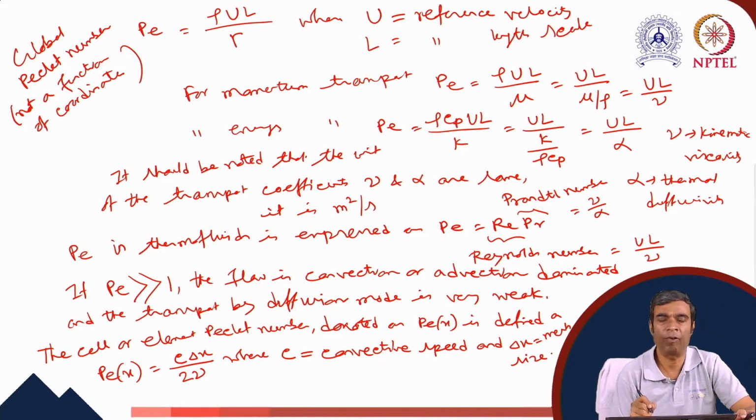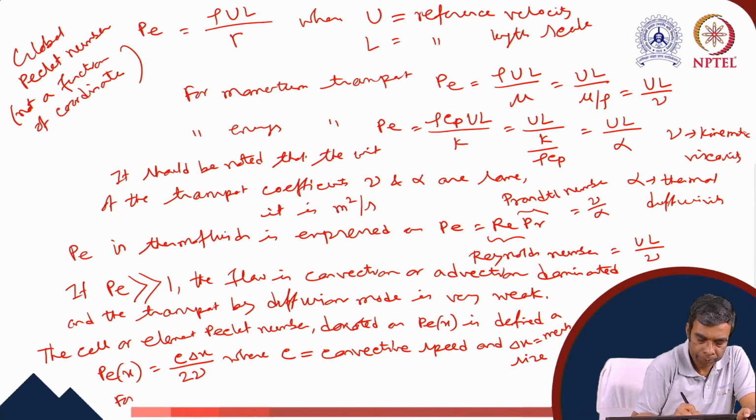In context of finite difference or finite volume methods, the cell Peclet number is denoted as Pex equals C delta x by nu. But in case of finite element formulation, we have the coefficient 2 with nu.